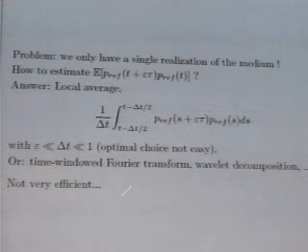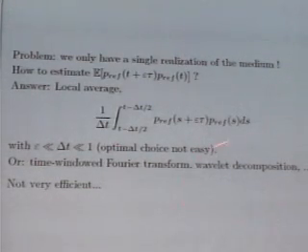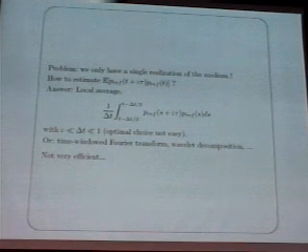So what you have to do is some local average for a window which has to be chosen very precisely. People have tried time-windowed Fourier transform, and actually the most efficient methods are based on wavelet decomposition methods. So you have a huge literature about how can you extract the autocorrelation function from seismic data. But anyway, it's not very efficient. It's not working, otherwise you would know that you could find oil very easily.